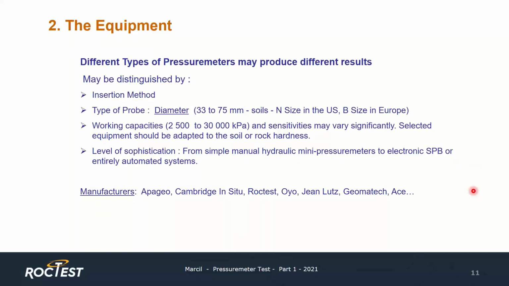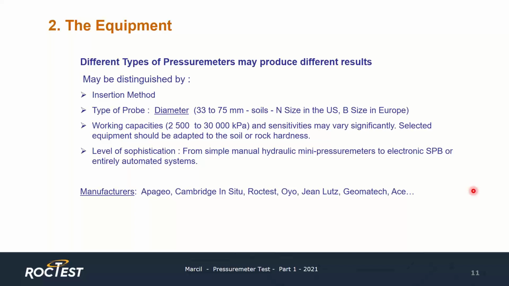Now let's talk about the equipment. As mentioned above, different types of pressure meters are available. Knowing a bit more about these types can be useful for selecting a model that is properly suited to a specific situation, by better understanding the differences regarding the special features related to their use and to the results they generate.